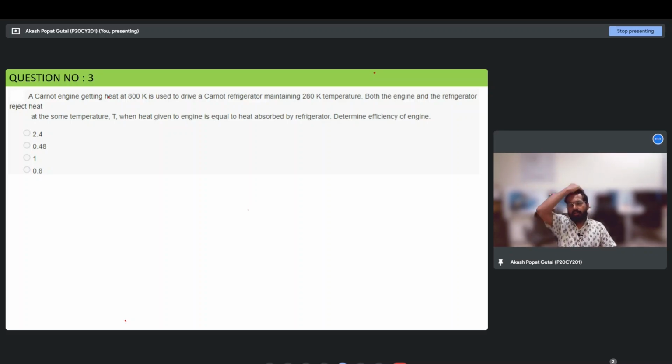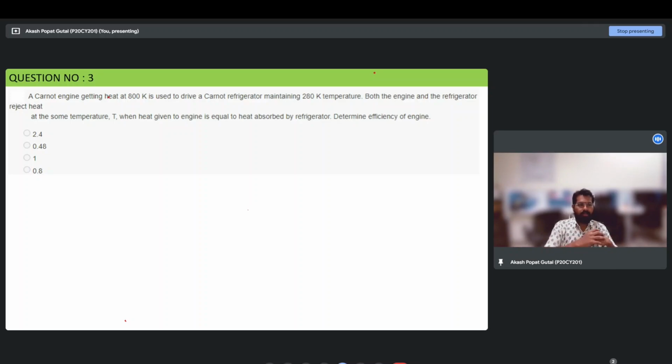Whatever work this engine does is used for the refrigerator, which has its own separate cold bath at nearly 280 Kelvin temperature. And both the engine and the refrigerator are rejecting heat to the same temperature T bath.